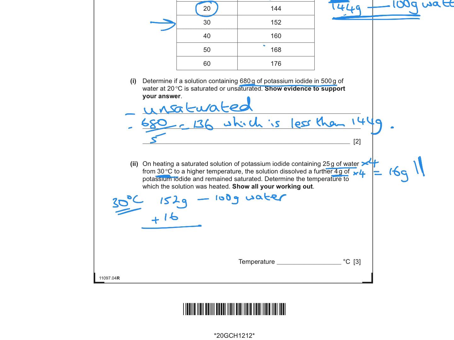So that then gives a total of 168 grams. And this is now per 100 grams of water. If you look at the table, you can see that in order to dissolve 168 grams of solid per 100 grams of water, the temperature has to be 50 degrees C.